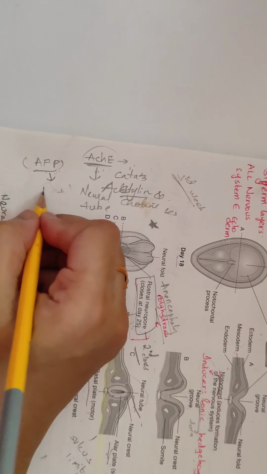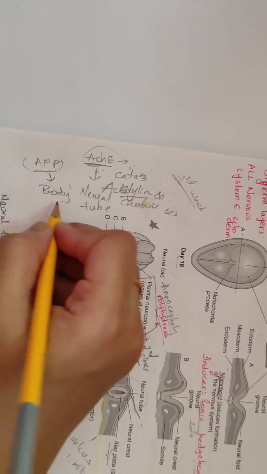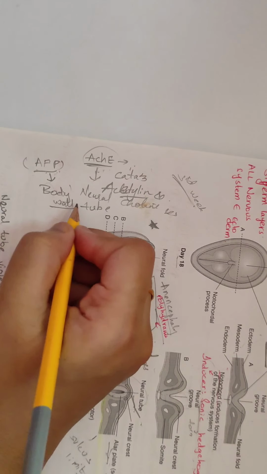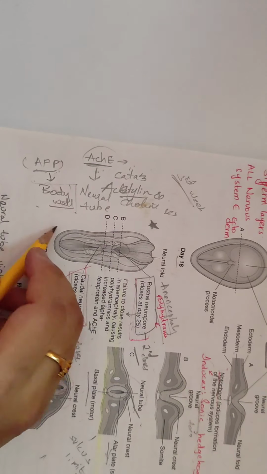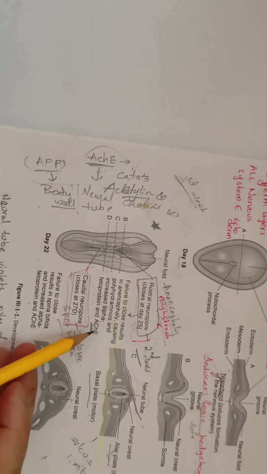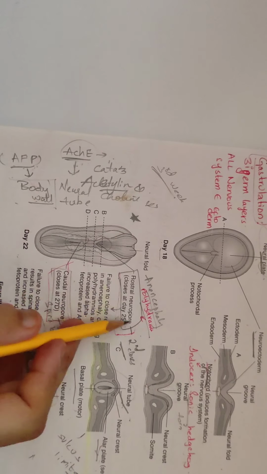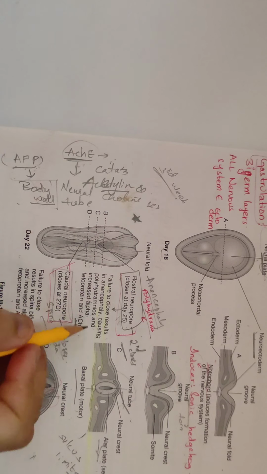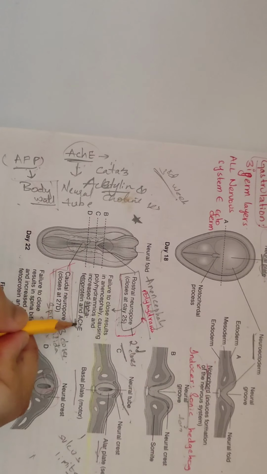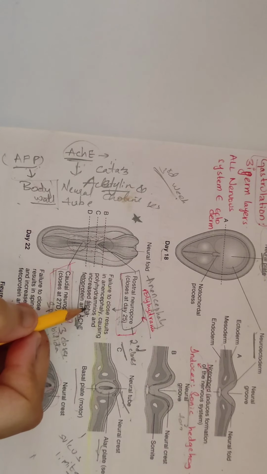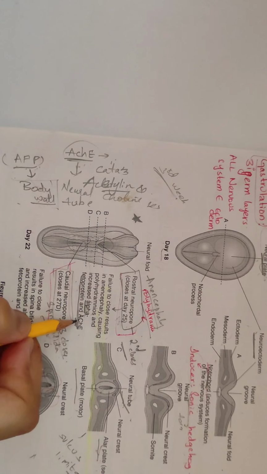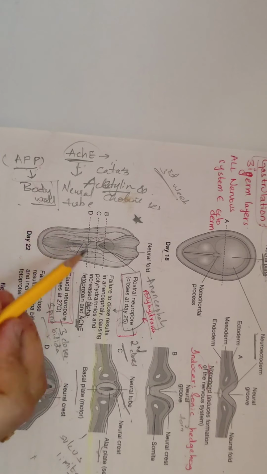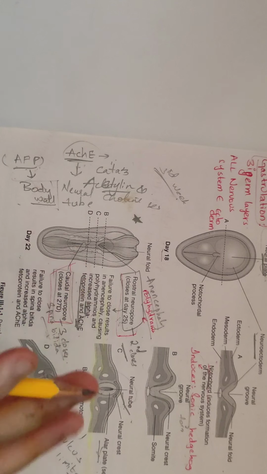These defects arise when there is some irregularity or defect in the development of the body wall. Here it is the rostral neuropore. We can see anencephaly and polyhydramnios with an increase of both alpha fetoprotein and AChE, as it is a body wall defect and also a neural tube defect.